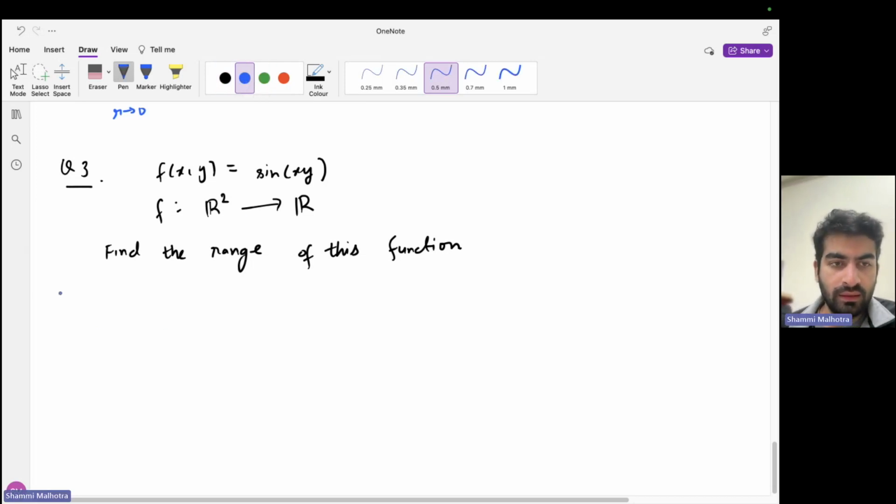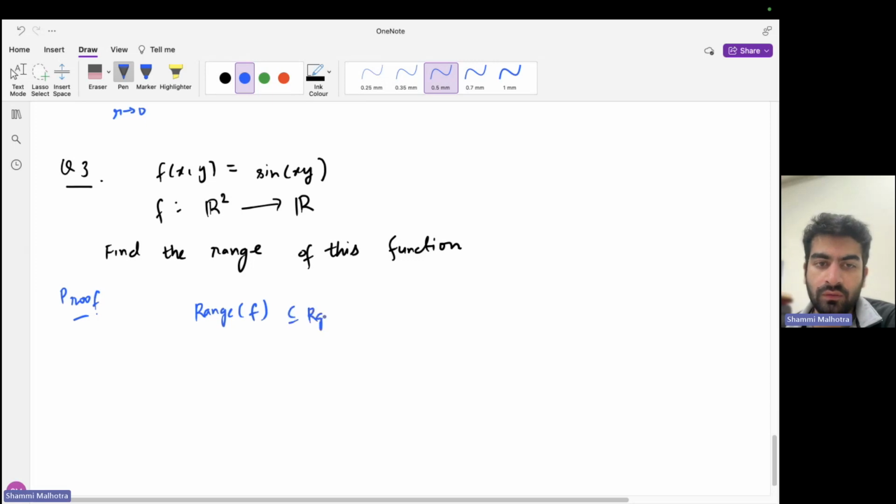What you guys can see, I know that this is a sine function, and a sine function takes values between -1 to 1. So one thing is for sure, whatever the range of the function is, it has to be contained in the range of the sine function, sine of, let's say, some z, and this is nothing but -1 to 1.